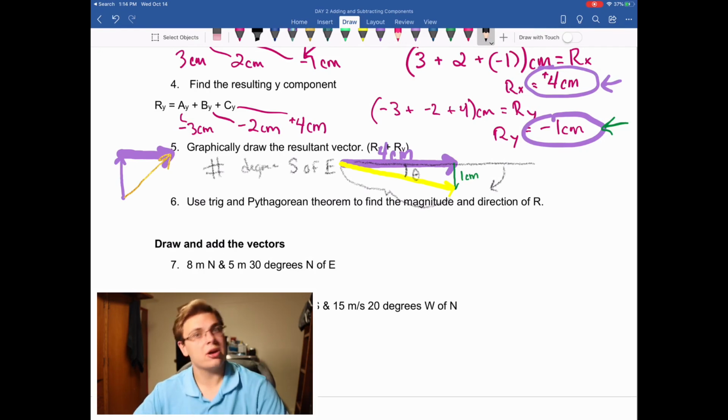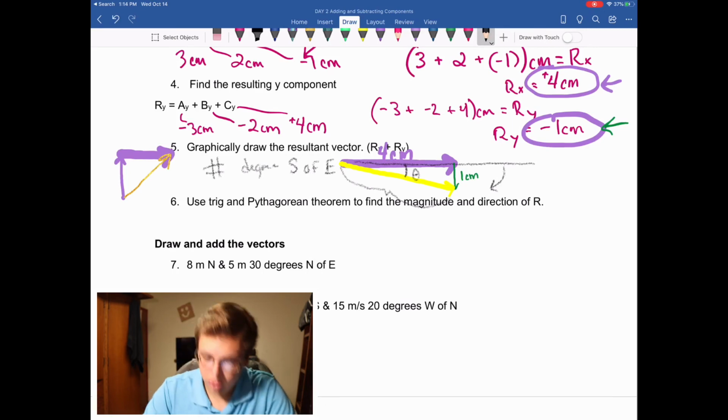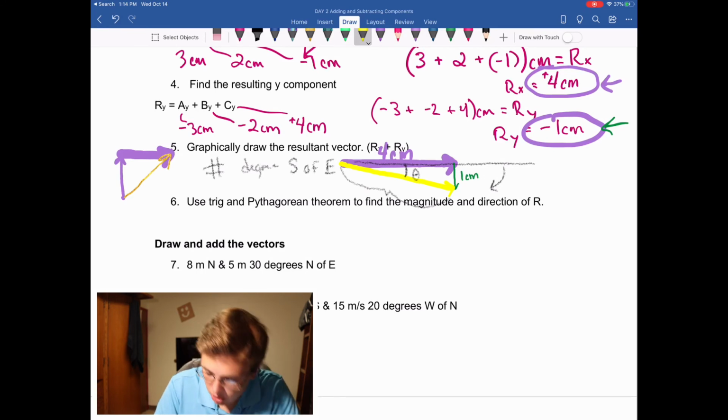Might be you're evaluating results from Guesser, just do a little picture and see if your things are lining up and it makes sense to you. But now we're going to look back towards the Pythagorean theorem. We're actually going to find the magnitude and direction of r that way. So if we know it's 4 centimeters, we'll just say A in this case.